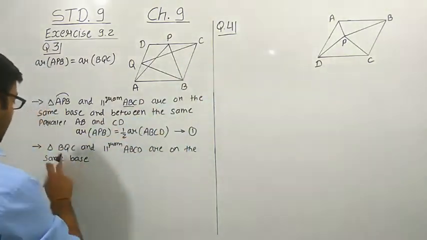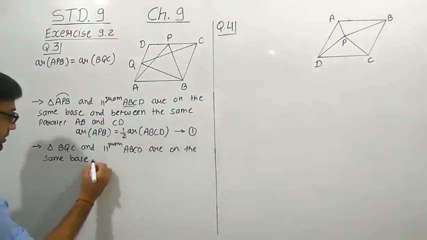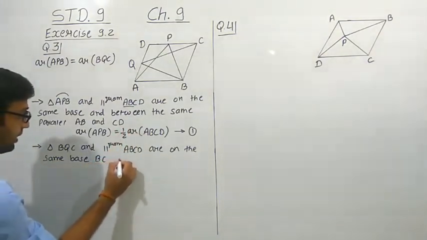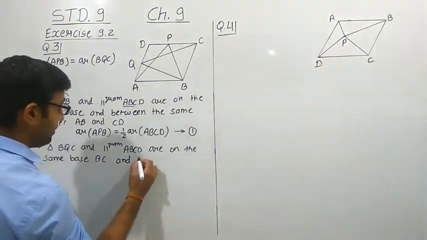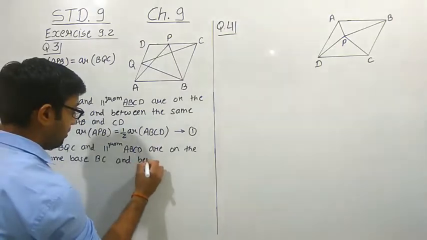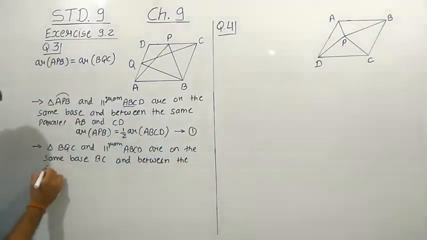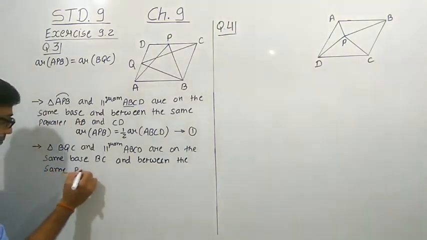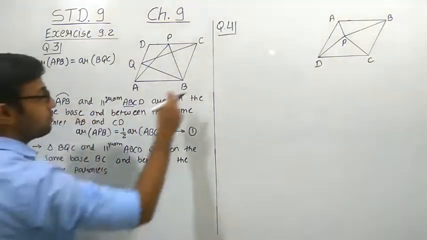So for both this triangle BQC and parallelogram ABCD, we can consider BC as the same base, and both the triangle and the parallelogram are on the same base and between the same parallels. Now in which two parallels are they lying?